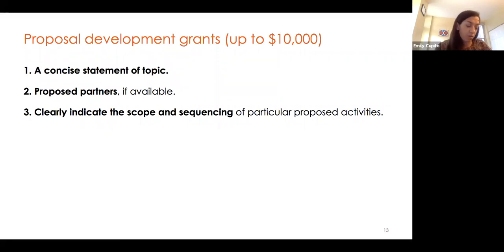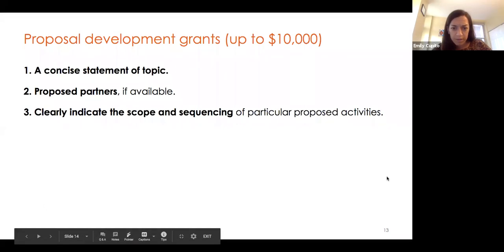With all of these, it's best if you have a partner already and you can say, I have a relationship with this partner and I would like to do some initial scoping work to explore this. This might be some initial qualitative research, for example, or working with the partner to understand their data better, or maybe some initial descriptive work, or even starting to figure out, is the intervention something that can be randomized and how might that all work?